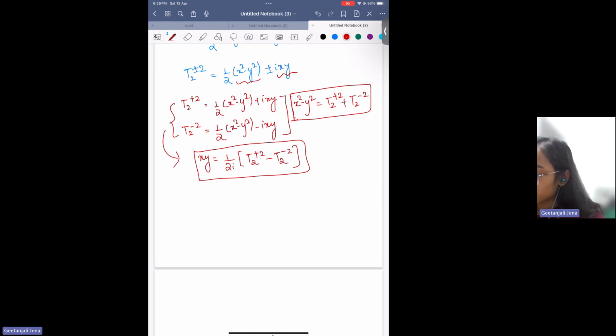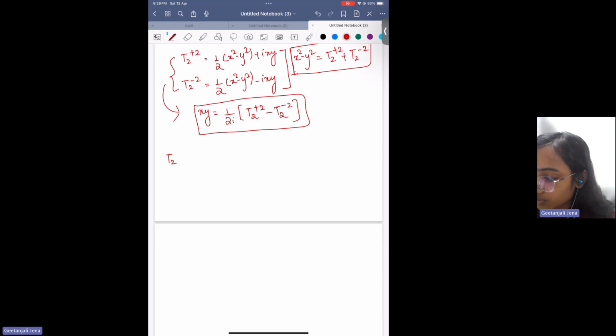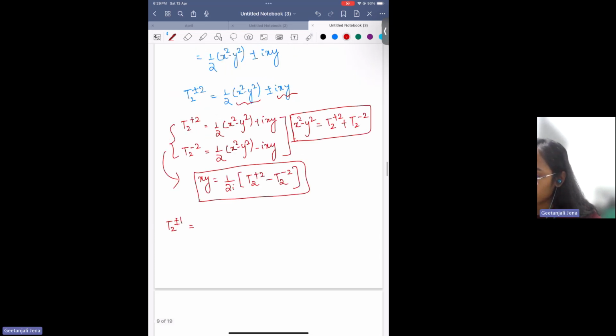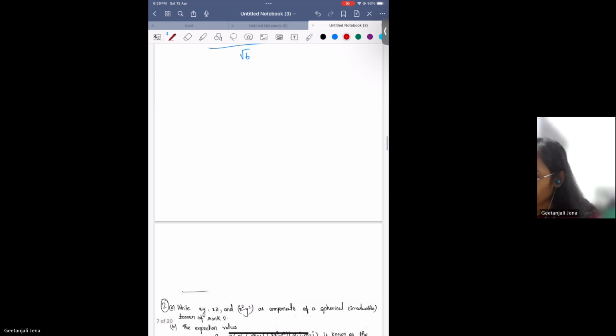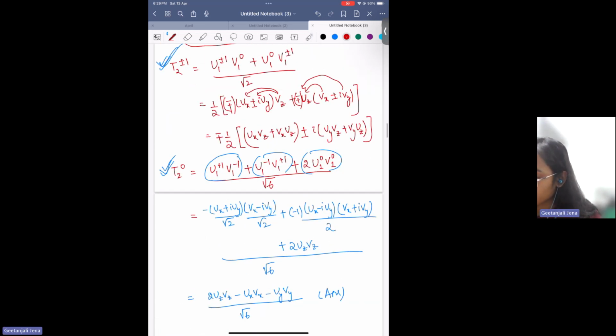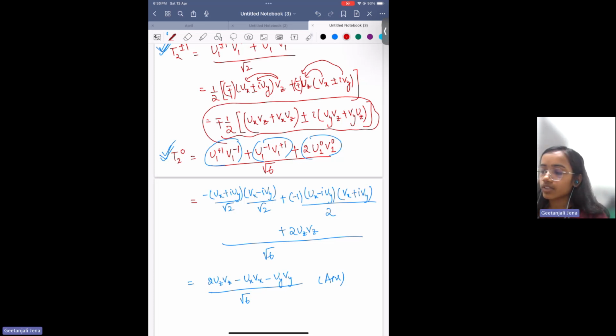Okay. So now let us move to the next spherical tensor, which is T2 plus or minus 1. So T2 plus or minus 1, the representation was, if you see it, minus plus half (ux vz plus vz ux), this term, and plus or minus i (uy vz plus vy uz).